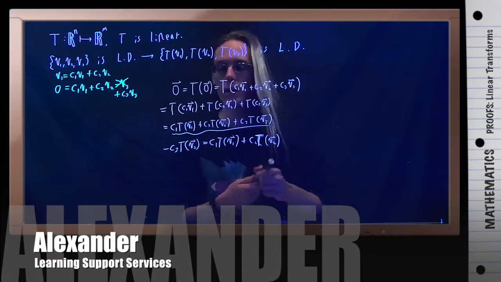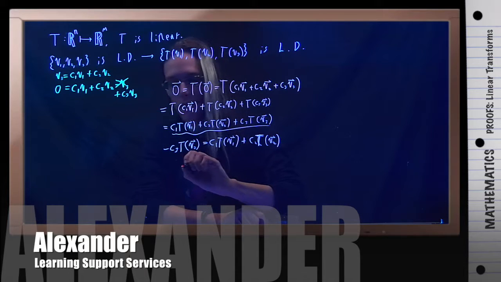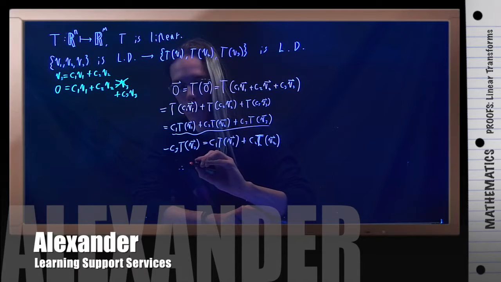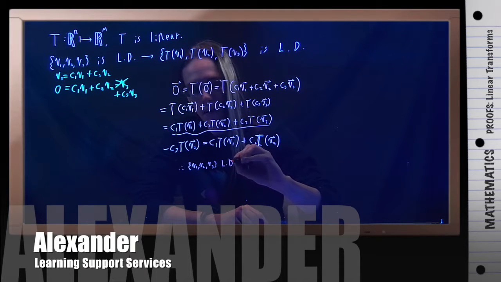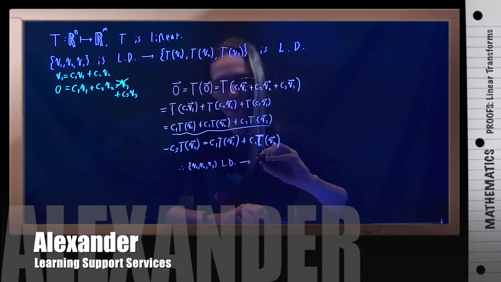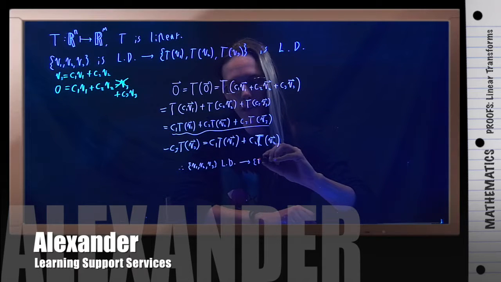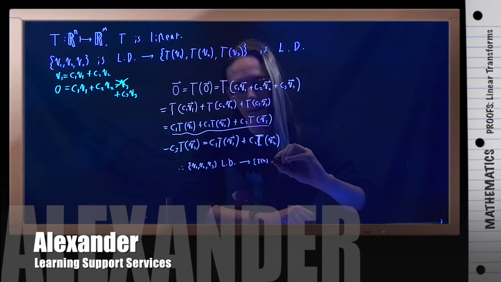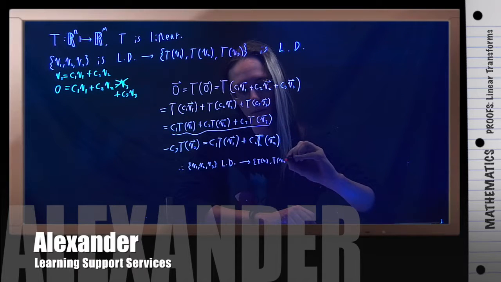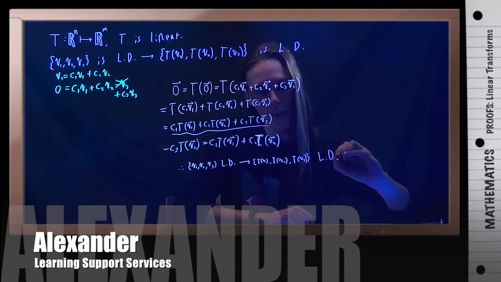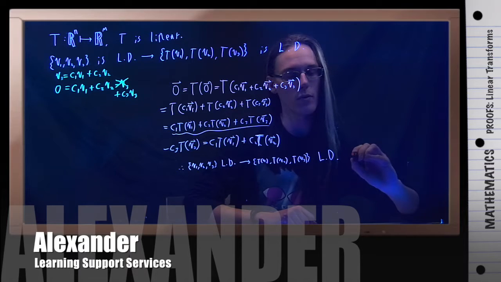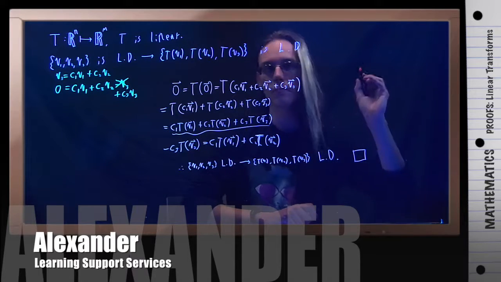So either way, however I'm thinking of it, I have that, therefore, v1, v2, v3 being linearly dependent implies that the set T of v1, T of v2, and T of v3 is also linearly dependent, which was what we wanted to prove. And there we go.